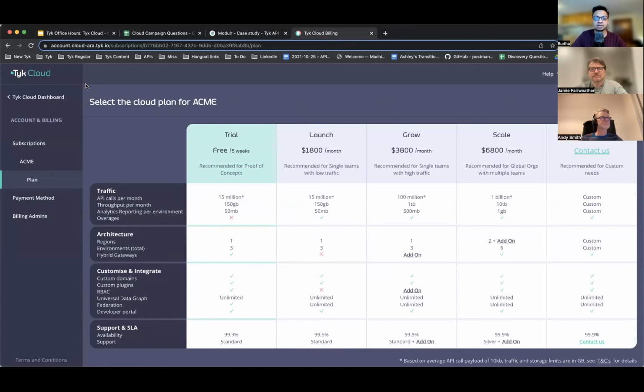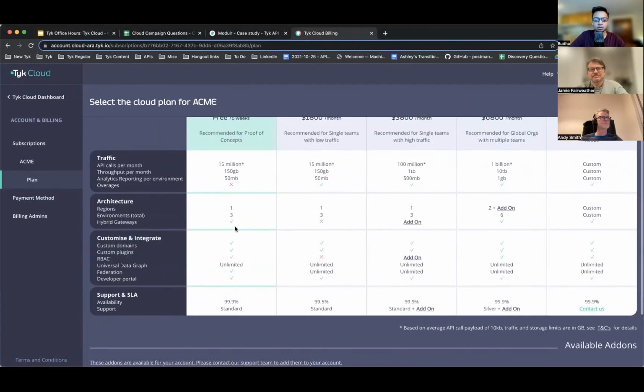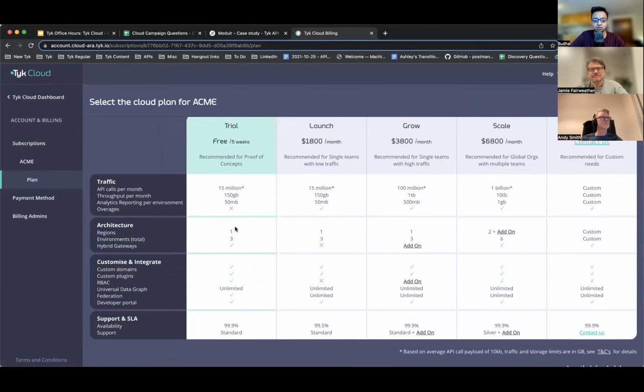Ideally, we want to keep things as self-service as possible, but if you've got any trouble at any point of time, we are always available for you. We've got most of the capabilities unlocked for you to try things out to the best possible standard.